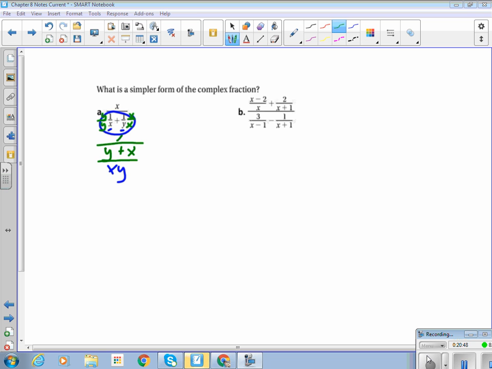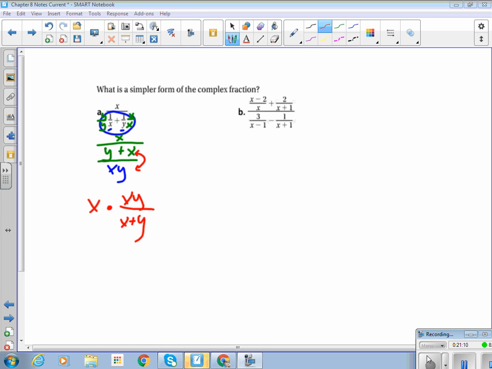I go ahead and write the original, and then I remember that dividing by a fraction is the same as multiplying by the reciprocal. I'm going to write x times the reciprocal. So instead of xy being on the bottom, xy is on the top.